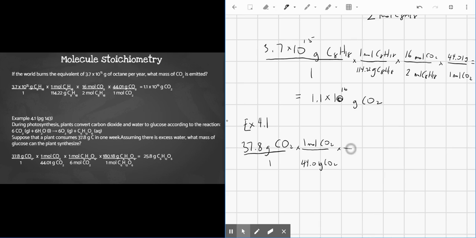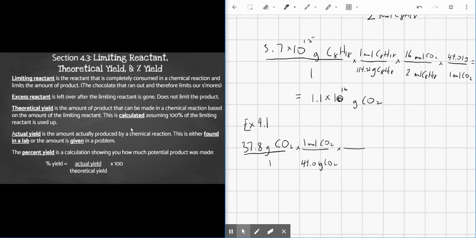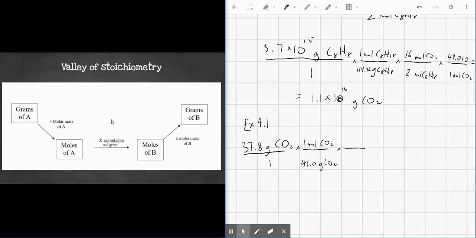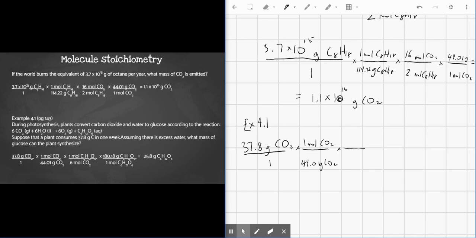And then the next step would be my mole ratio, where I have the given, that's carbon dioxide on the bottom, and the unknown, that's my glucose, goes on the top. Okay, so I have moles of CO2, moles of C6H12O6, and the ratio of those is 6 to 1, 6 of these to 1 of these.